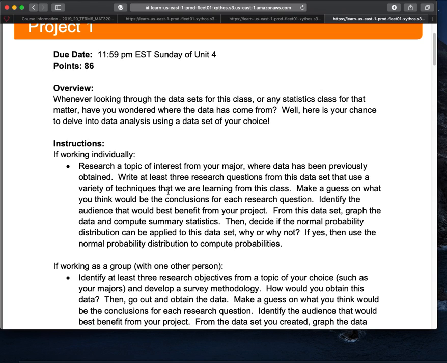Why or why not? There's a whole bunch of assumptions that we'll be able to get through and utilize to see if this data is normally distributed or not. And then, if you are able to do so, use the normal probability distribution to compute probabilities.